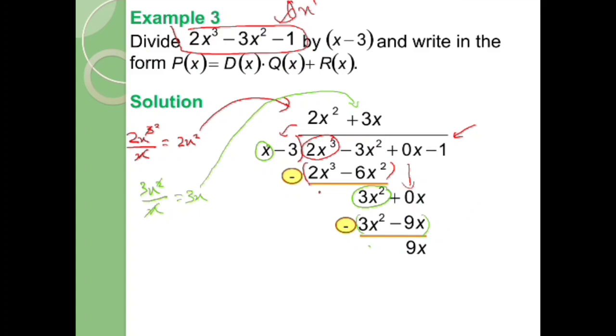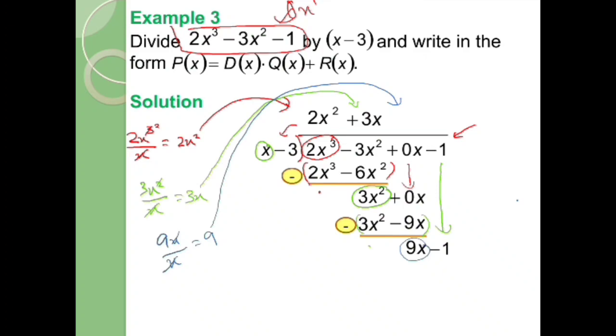Now, you are not done yet because there's still minus 1. Bring it down and do the same to find the next quotient term. This is 9x. Divide it with the divisor's highest degree term, which is x. And your answer is 9. Write it as your next quotient term.